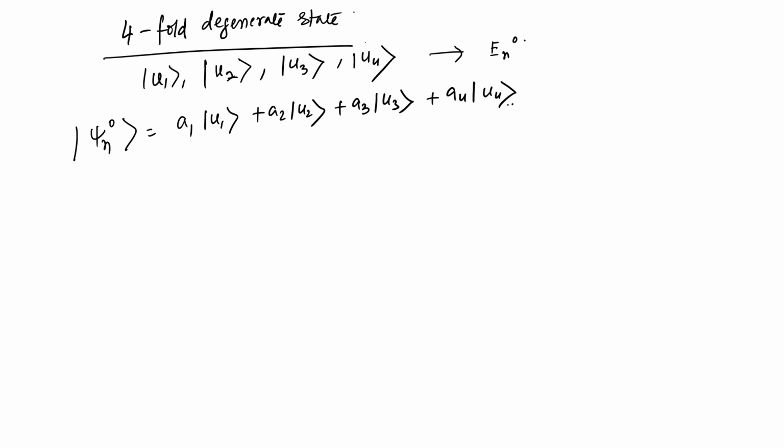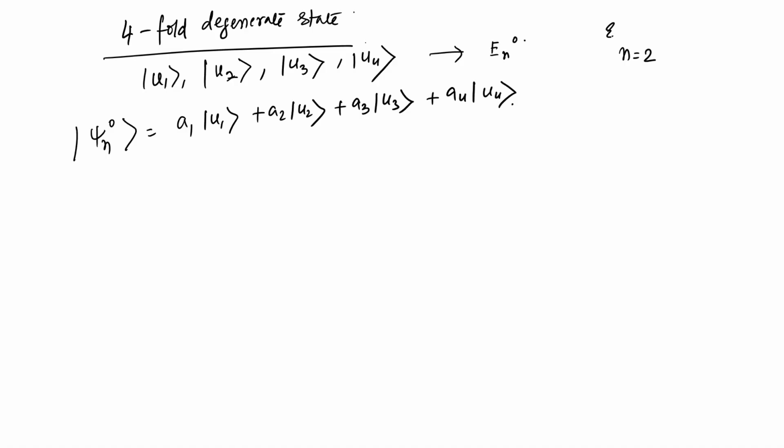It is almost obvious that you have this four-fold degenerate problem. So, we will have four different energy corrections. The perturbation may lift the degeneracy completely, or partially, or not at all.